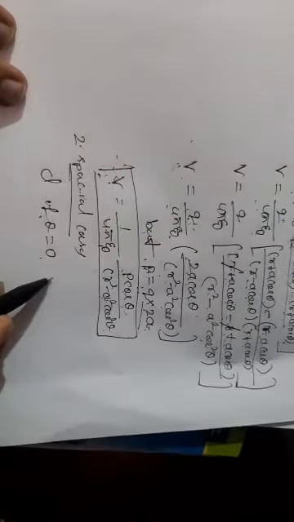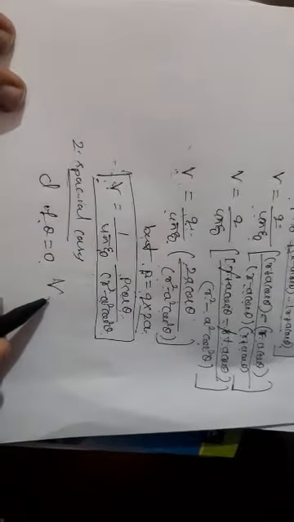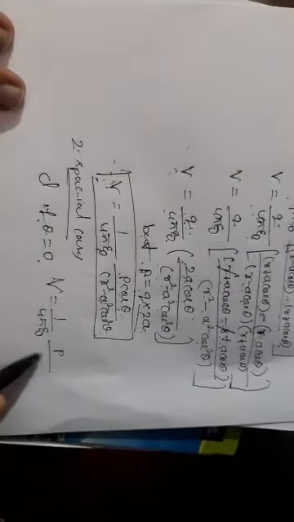The electric potential on the axial line is V is equal to 1 by 4 pi epsilon naught, p by r square minus a square. For large distance, a is less than r, so a square can be neglected. That means V is equal to 1 by 4 pi epsilon naught, p by r square.